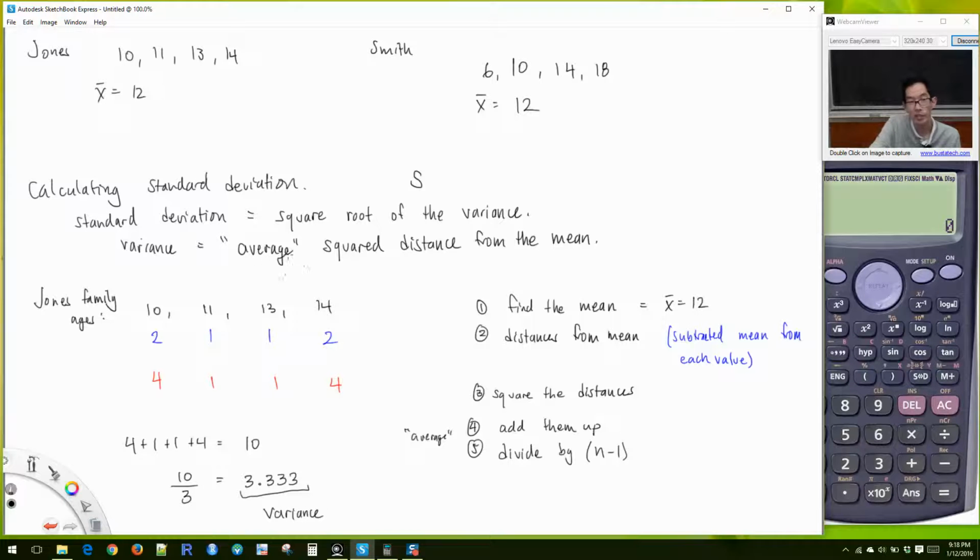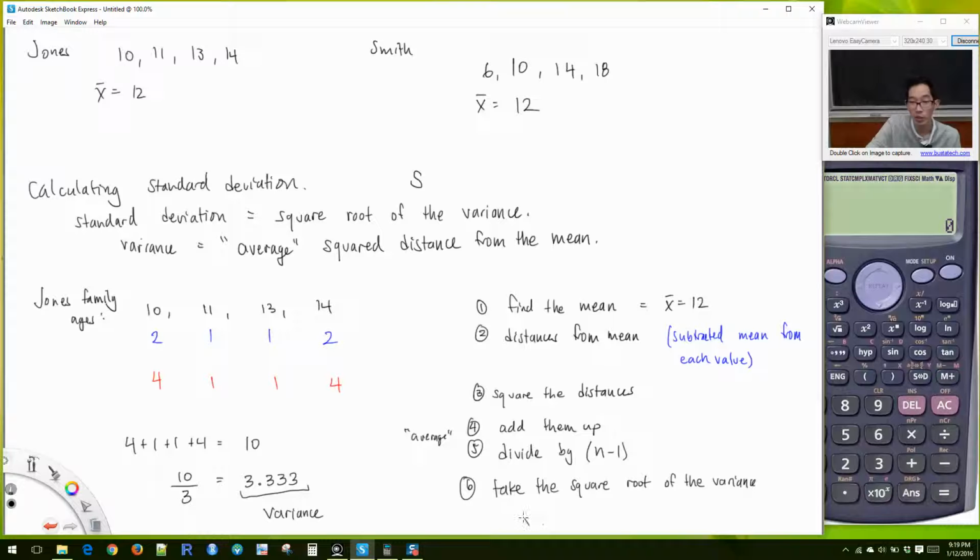The variance is our, quote, average squared distance from the mean. And the last step to get the standard deviation is to take the square root of the variance, which is what we get in step 5.